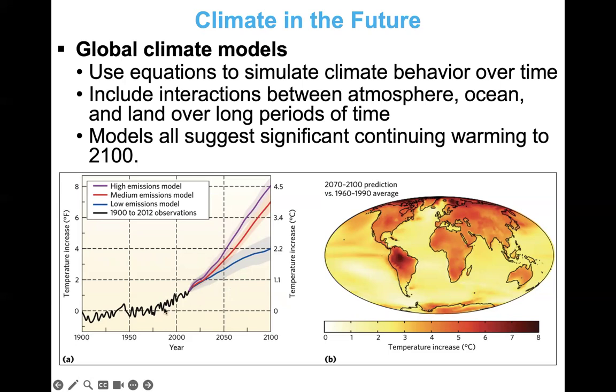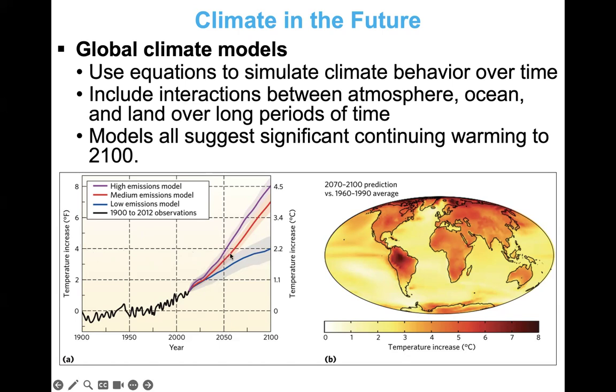And we have here a couple of models. This is, for example, from 1900 to 2012, those are what we observe. And up to here, we have projected models. In blue, we have the low emission model, meaning that if we emit less pollution, we are going to get a temperature increase of 2.2 degrees Celsius or 4 degrees Fahrenheit.